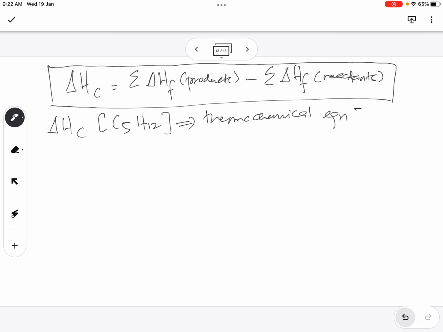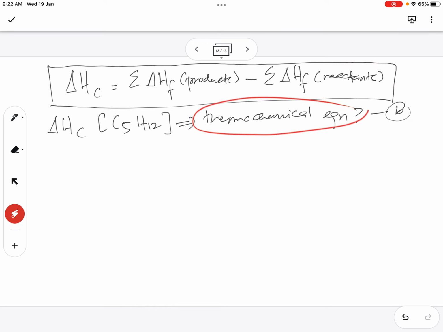We have to know what is the thermochemical equation, which leads us to the question B. Okay. Membawa kita ke soalan B sebelum kita jawab soalan A lah. Okay. So we have to construct thermochemical equation for combustion of C5H12. First, to identify who are the products and who are the reactants in the thermochemical equation related to combustion.